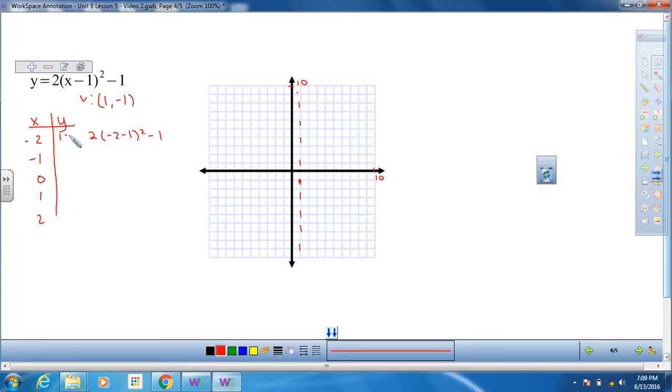So I actually get a pretty big number here. I get 17. So -2, 17 is somewhere down here. Okay. Then -1. I got 7.